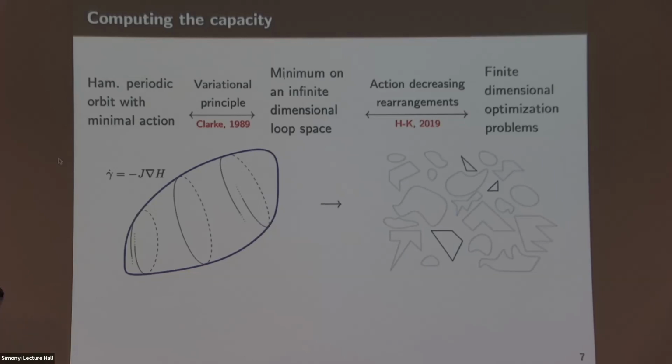Taking this reduced number of options and setting it into the possible actions one can get, we get a combinatorial formula for the capacity of convex polytopes, which was the first time we could actually calculate the capacity of general domains.